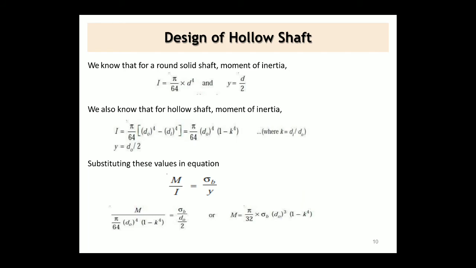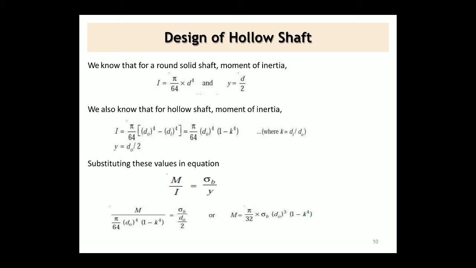Now we know that for the round solid shaft, the moment of inertia I equal to pi by 64 d raised to 4 and y is d by 2. Now for hollow shaft, the moment of inertia becomes I equal to pi by 64 into do raised to 4 minus di raised to 4.